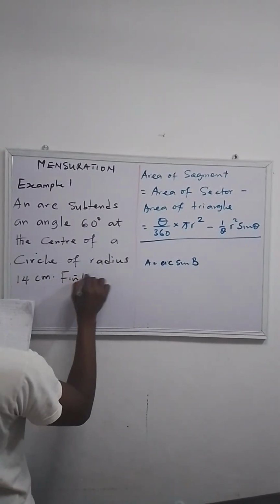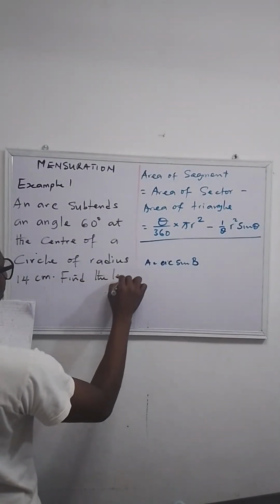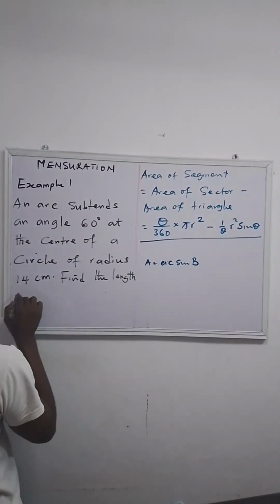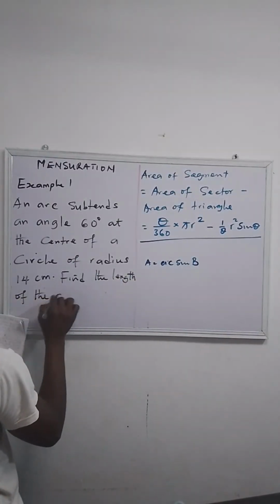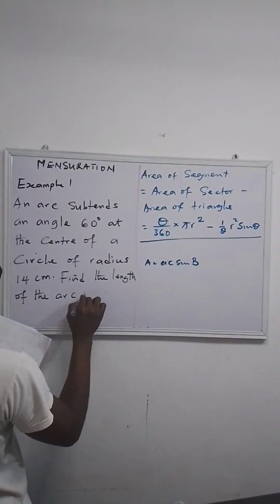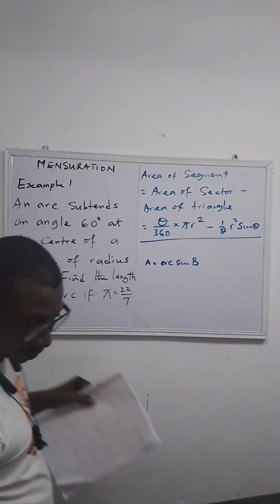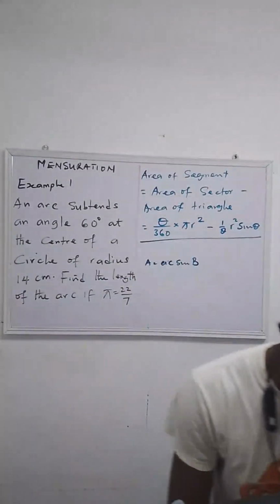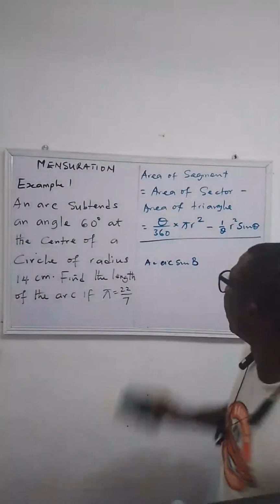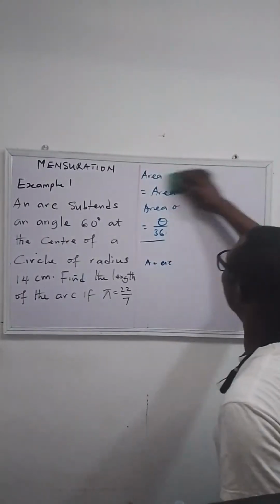Find the length of the arc if pi equals 22/7. This is a very simple question, and I want us to solve this problem.